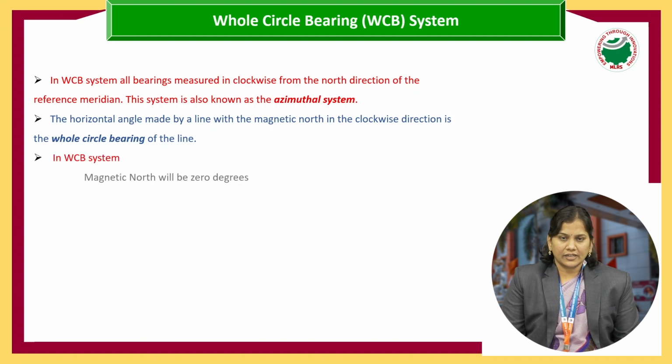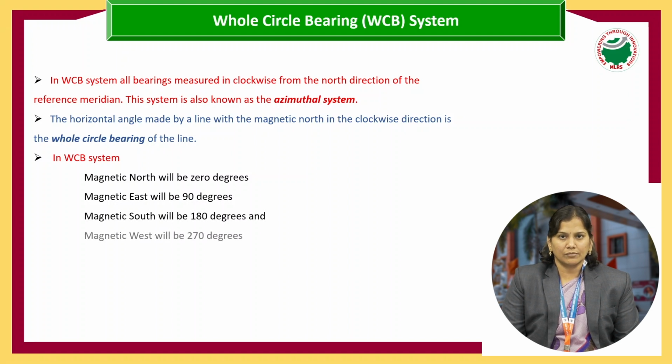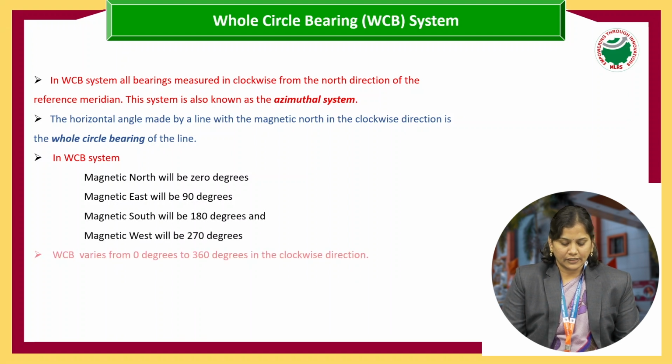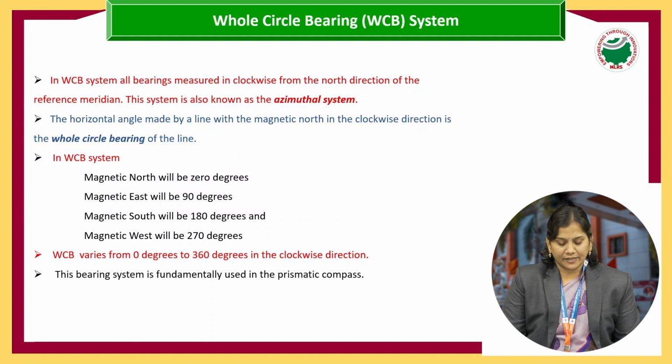And in whole circle bearing system, magnetic north will be 0 degrees, magnetic east will be 90 degrees, magnetic south will be 180 degrees, and magnetic west will be 270 degrees. And whole circle bearing varies from 0 to 360 degrees. And this bearing system is fundamentally used in prismatic compass.